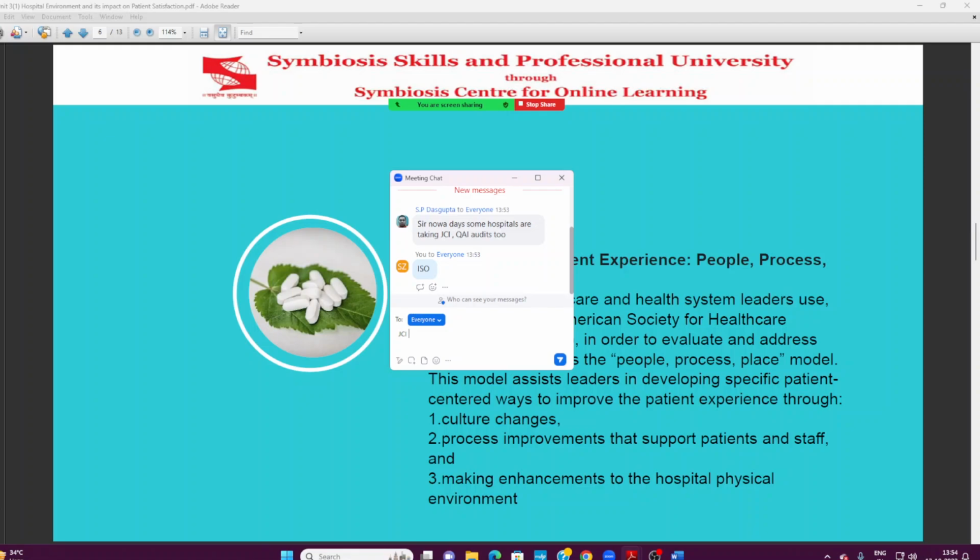Yes, sir. Okay, good. So, Quality Accreditation International. It can also be done through ISO, which again stands for quality. Whatever claims the hospital is making, if those claims are satisfied, accordingly ISO certification is issued to that hospital.